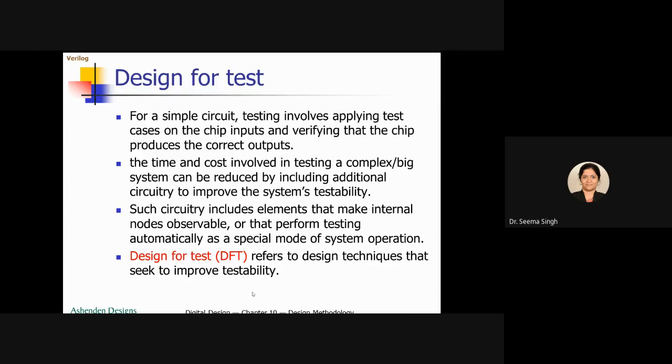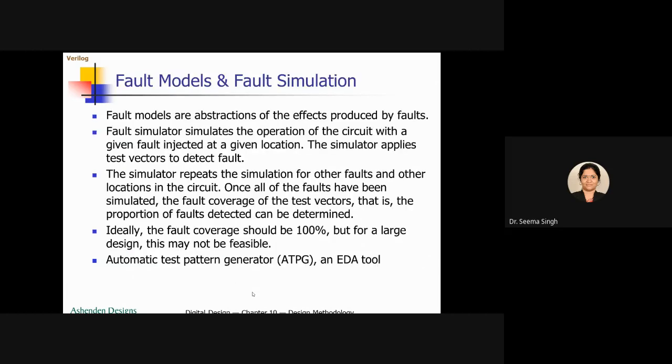Under design for test, we had already discussed some part. I had told you that we make a specific fault model. Fault model means we simulate the fault. We make specific faults, fault vectors, and test vectors to detect the fault, and simulators will repeat the simulation for all other types of fault and locations of fault. All these faults should cover all the possible types of fault in our system.